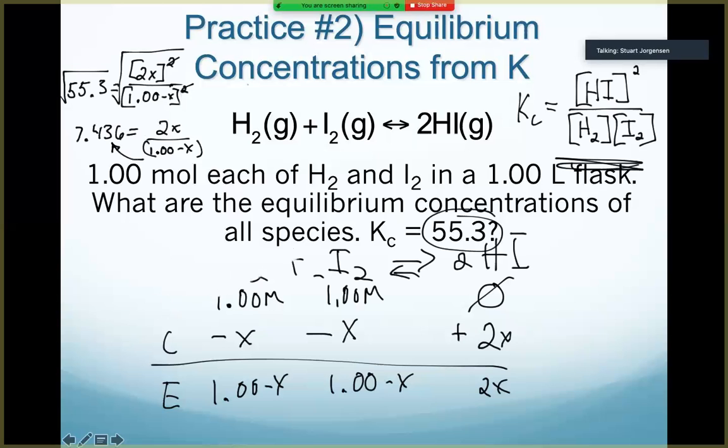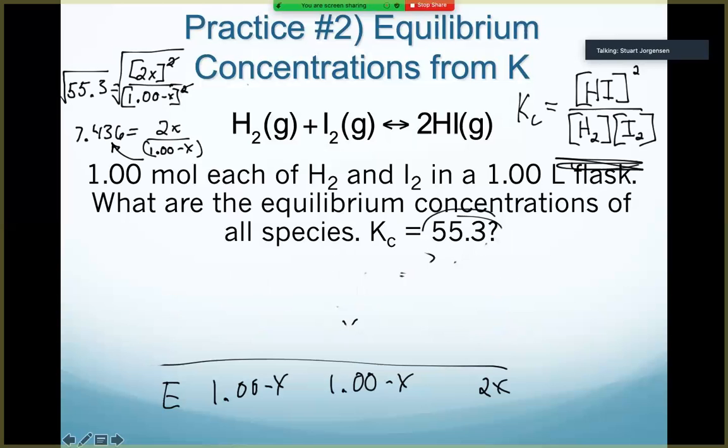I think I'm officially out of space. Cool. I can multiply up. Number times 1 is just that number. So we've got 7.436 times a negative x is negative that number x. That's all equal to 2x.